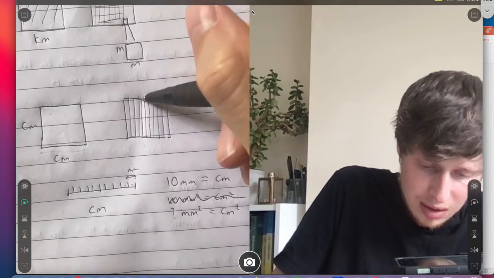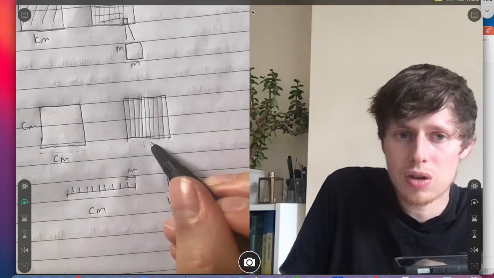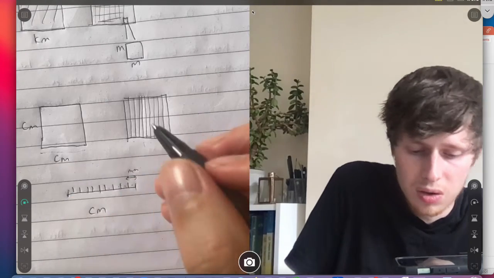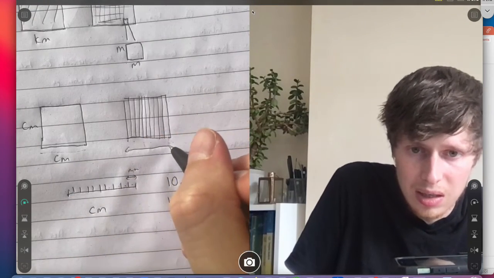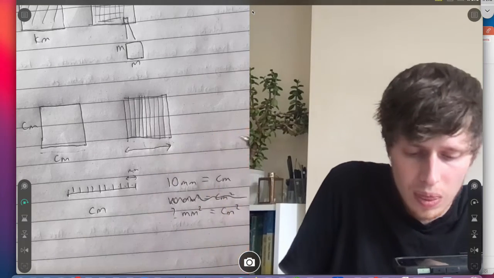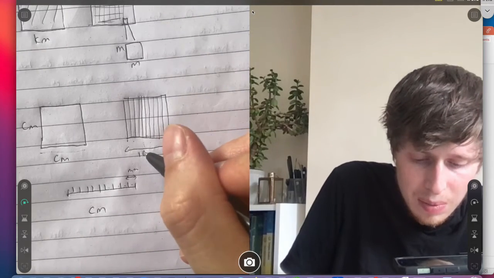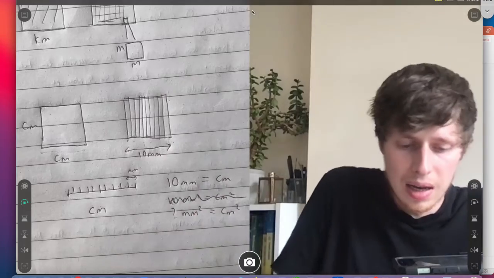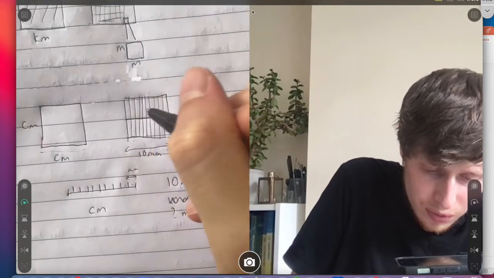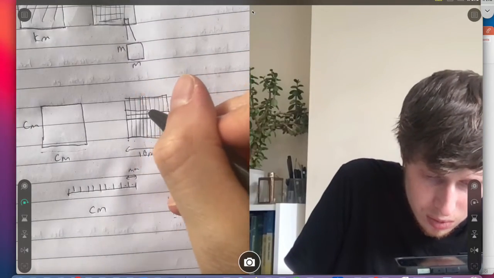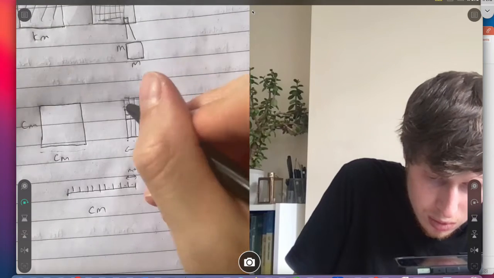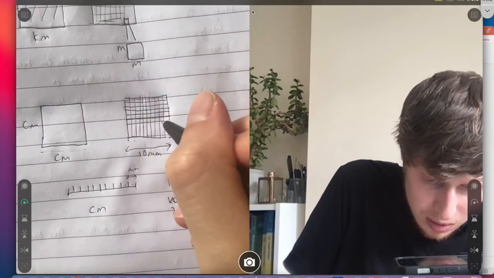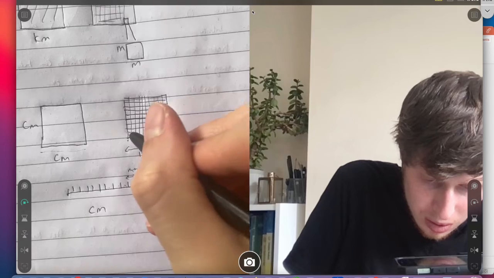This was a centimeter, so really each strip is going to be 10 millimeters long. Likewise, I could do the same for the top, dividing that into 10 parts as well.